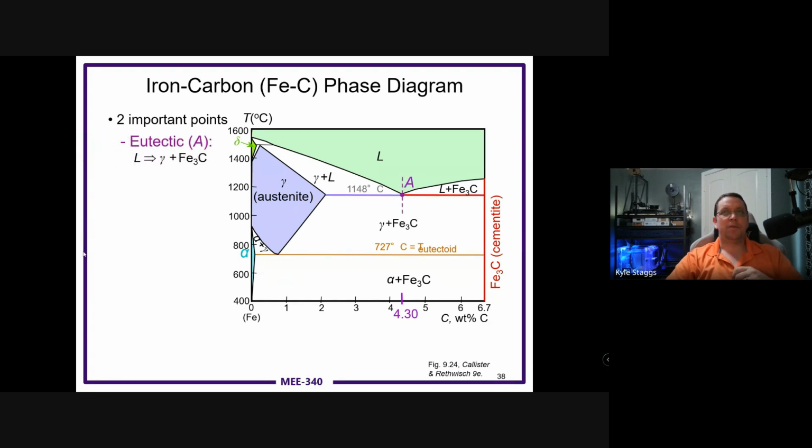So that eutectic point is right where you go from liquid back and forth across that line, depending on the temperature. At that composition, you have gamma and iron carbide, whereas at the eutectoid point, you go back and forth between austenite and alpha, so alpha ferrite and iron carbide, or cementite.